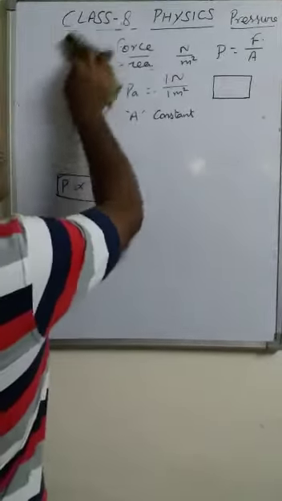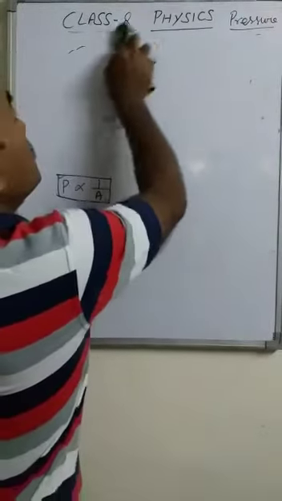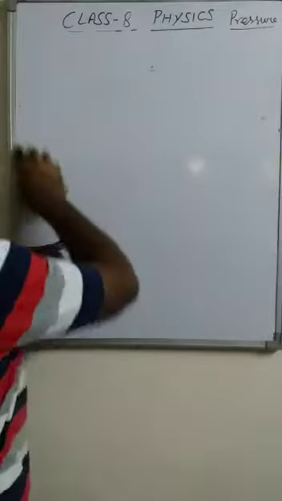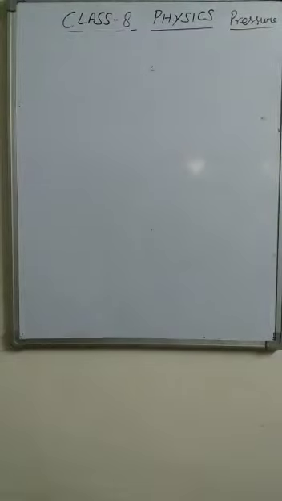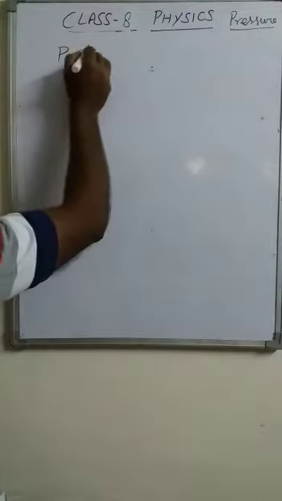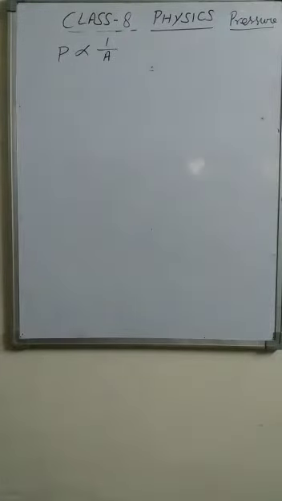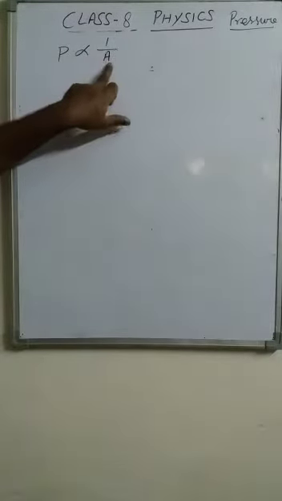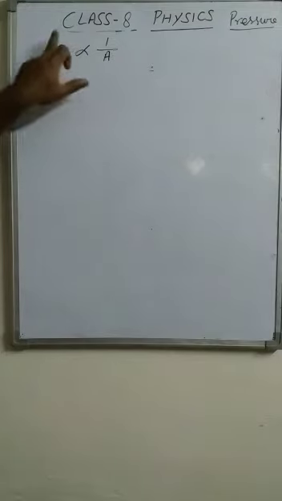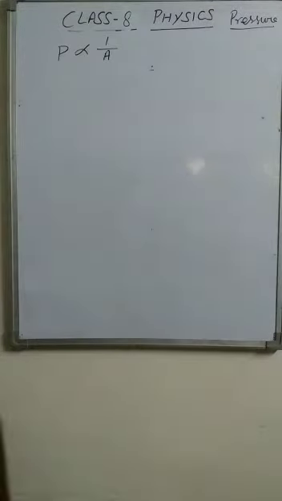Let us see those examples and then we will go to that numerical part, how we calculate the numerical part. Now we'll see the many examples that for this case pressure is inversely proportional to area. That is, if we increase the area, pressure is decreasing. Decrease the area, pressure increases. For this, I take the first example.